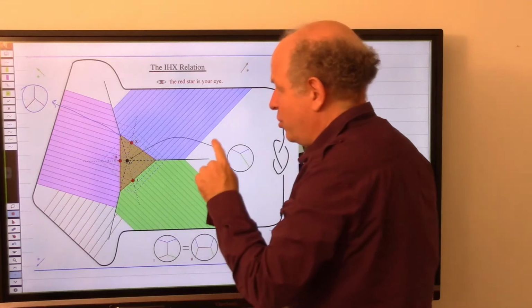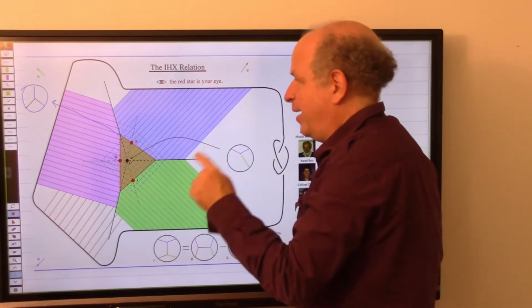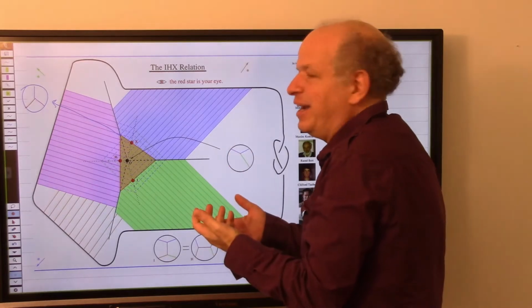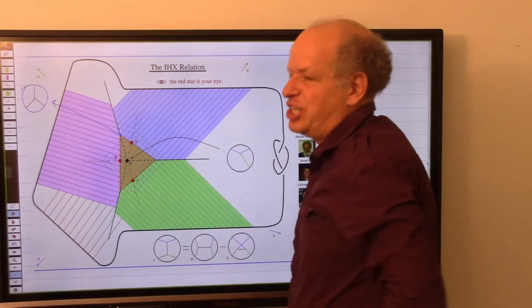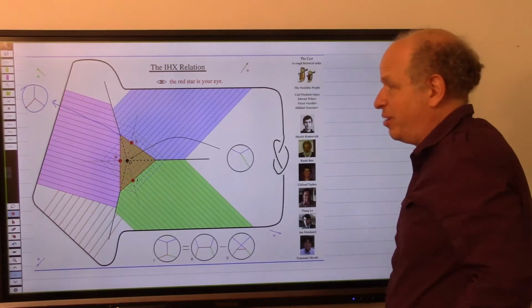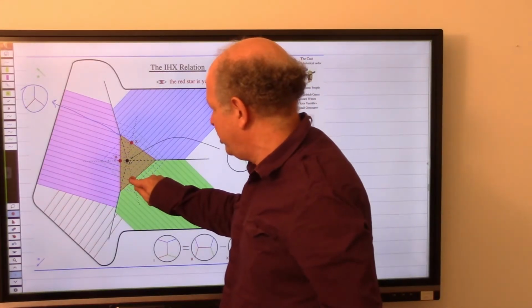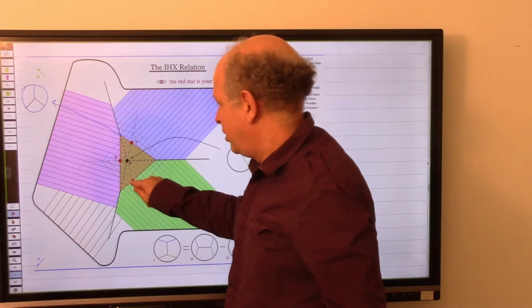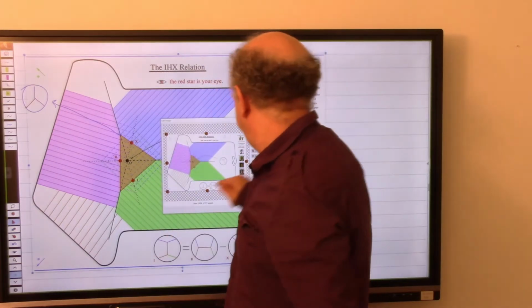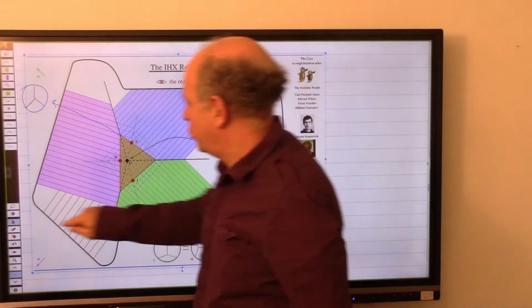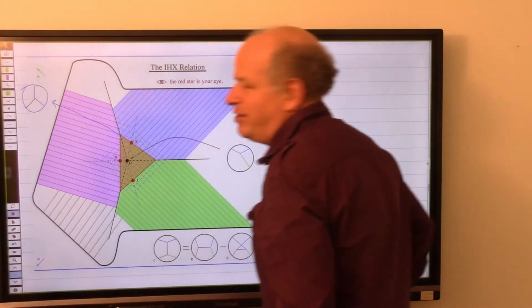So now new planes are created, new potential intersections, and it's very, very complicated. But let's look, for example, at the point I. Anyway, sorry.